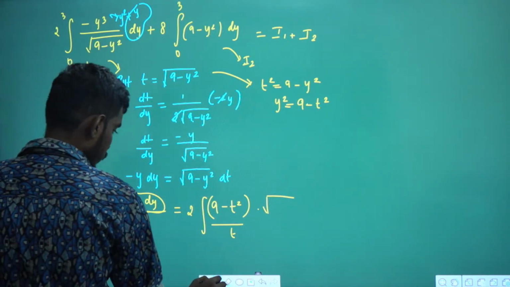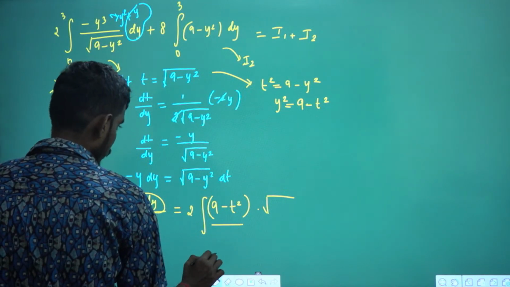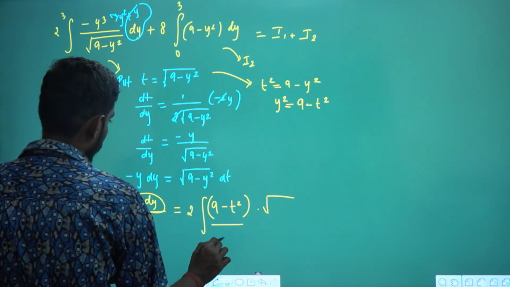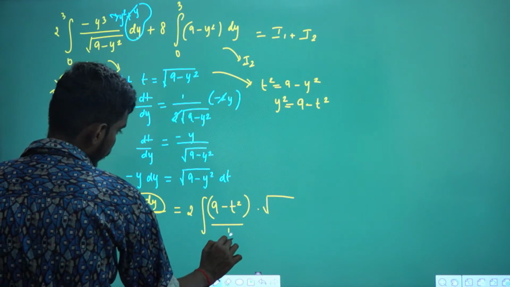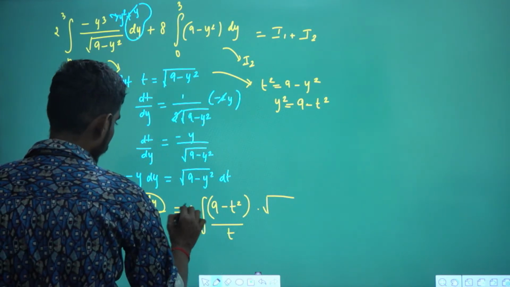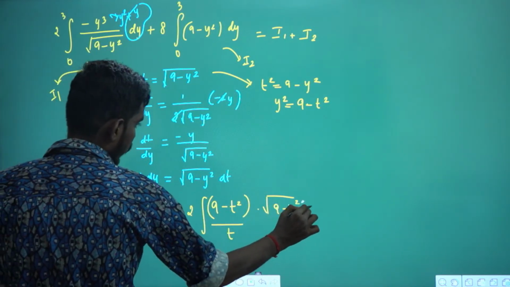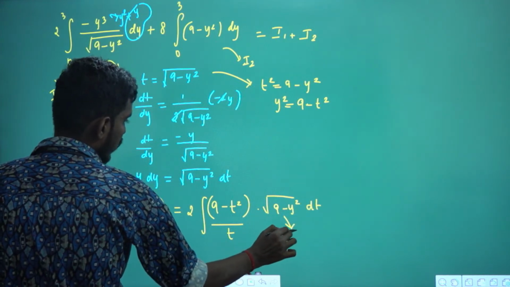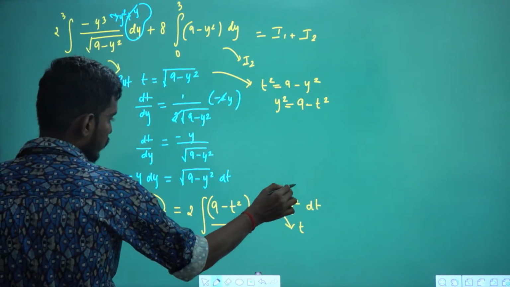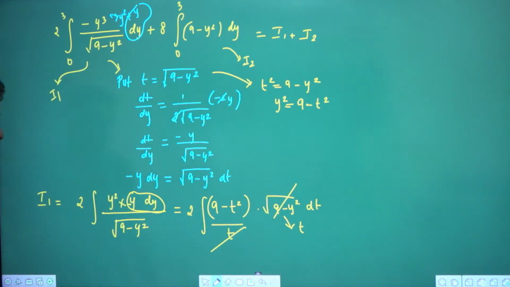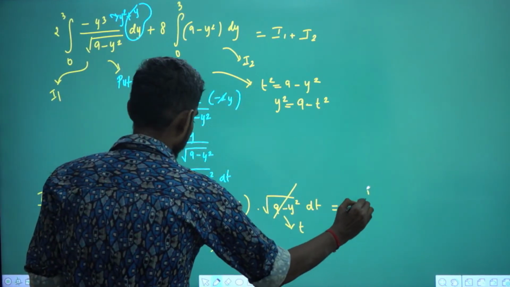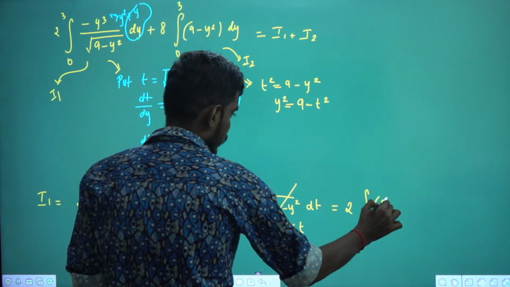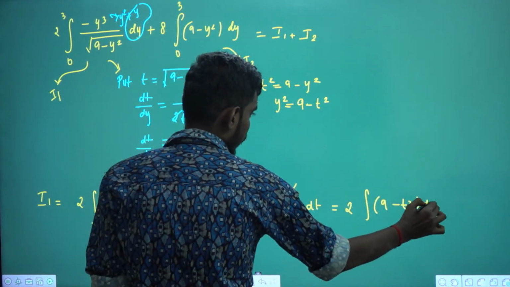Okay, what we can do is, let me write this. Root of 9 minus y square dt, and this root of 9 minus y square is t. So this 2 will get cancelled. So you will have 2 times integration of 9 minus t square dt.